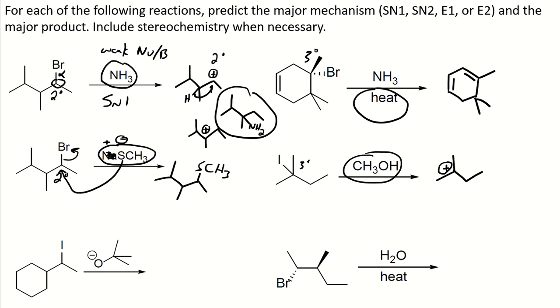Now, because we're not heating this up, we're going to expect the SN1 to be favored. Our oxygen would add with our CH3 still attached, and technically there's still a hydrogen there. That's going to give a positive charge on the oxygen. Through proton transfer, we're going to lose that hydrogen, and our product is going to be this.